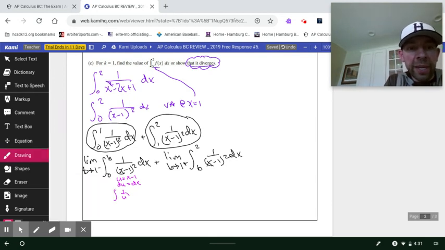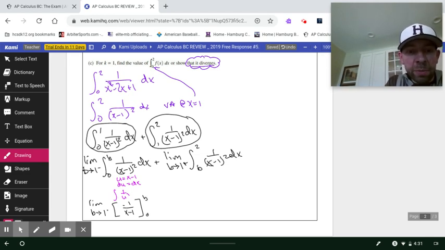Hopefully I'm not skipping too much here and making this more confusing than it should be. So the antiderivative is negative 1 over the quantity x minus 1, with bounds from 0 to b. Now notice what happens when I substitute these bounds. The limit as b approaches 1 from the left, I'm getting negative 1 over b minus 1 minus negative 1 over 0 minus 1, and so on.